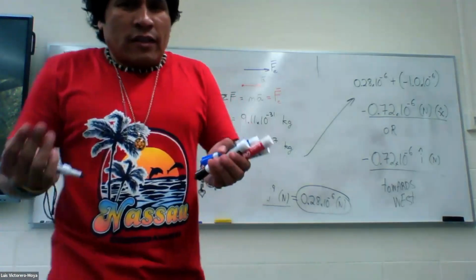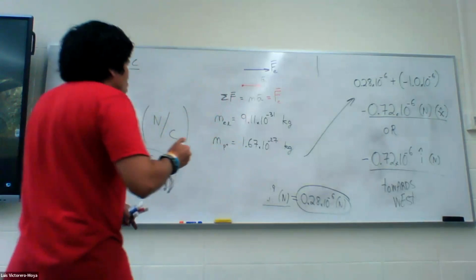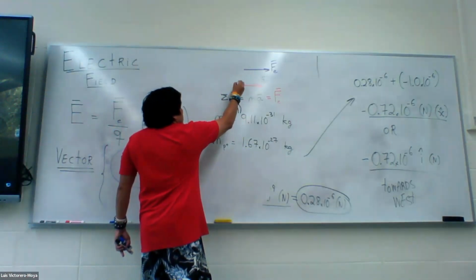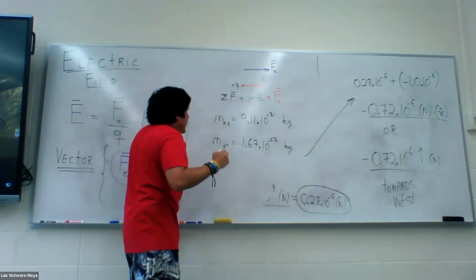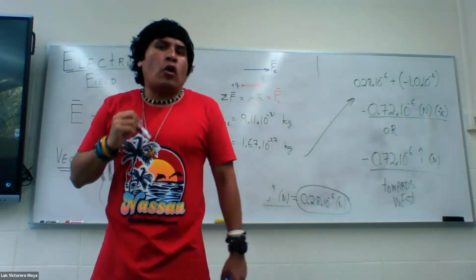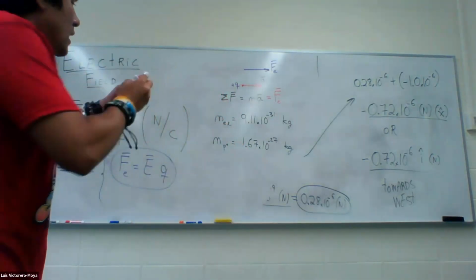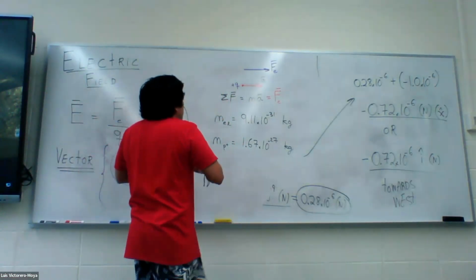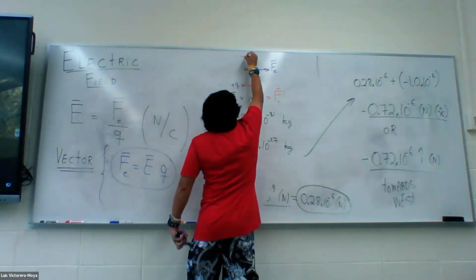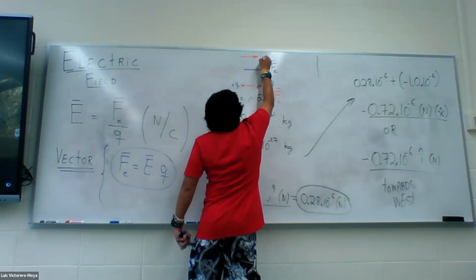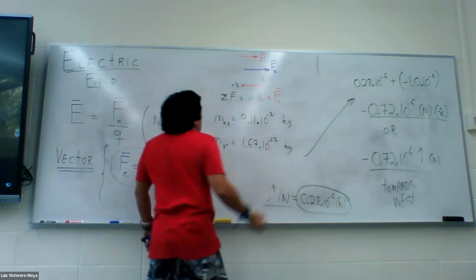This charge Q has to be positive. The test charge is always positive. So if we use that, I can easily tell that the electric field is also going to the right. See what I mean?